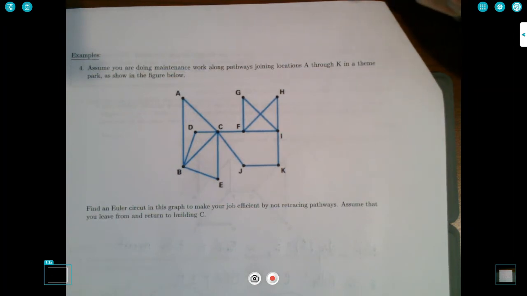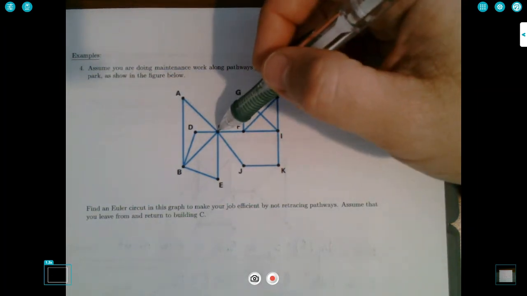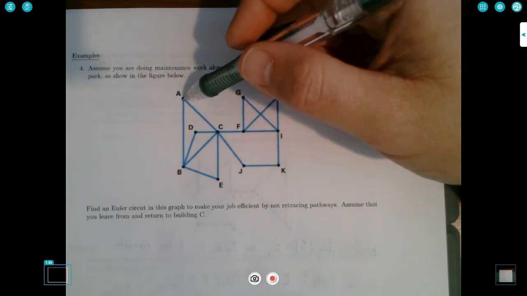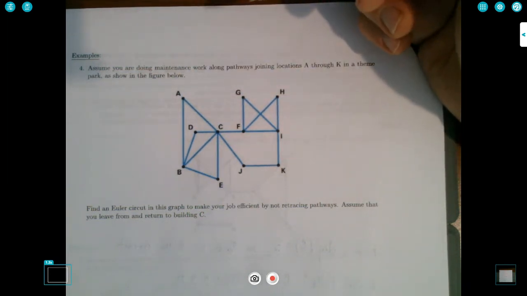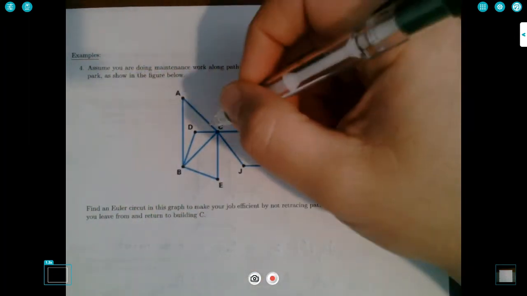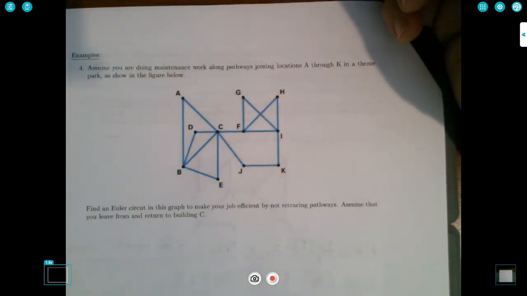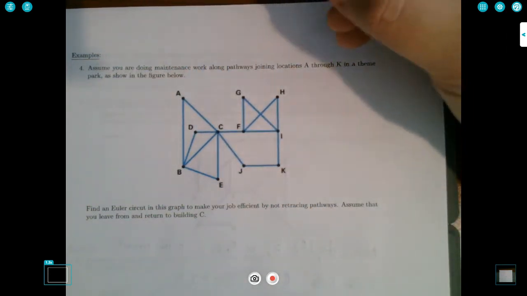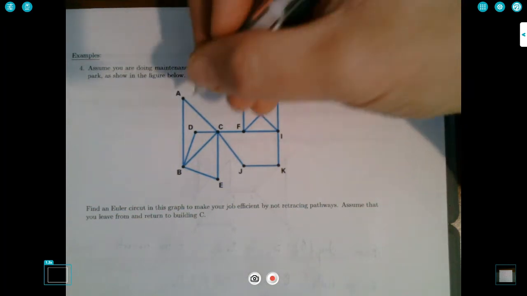Okay, so once I use an edge, I'm going to delete it. So rather than rewriting the whole thing, I might just scratch it out once I've used it so that I know that I can't use it again. Or I'll just trace it, I guess.